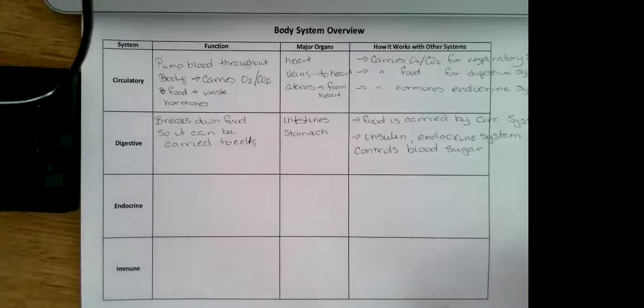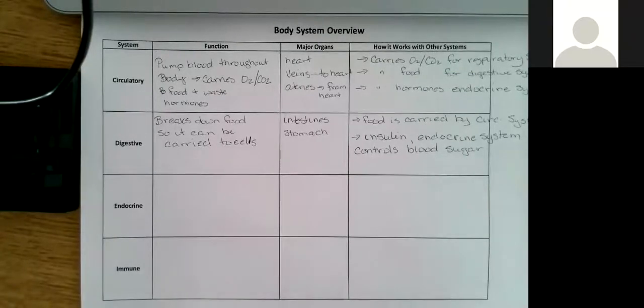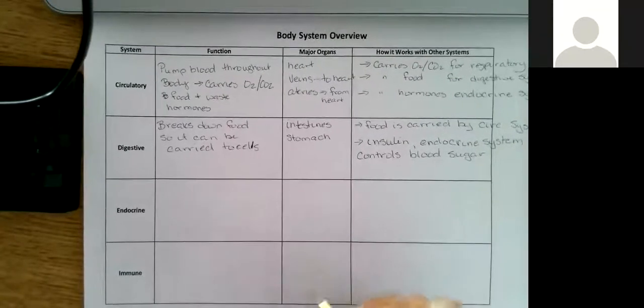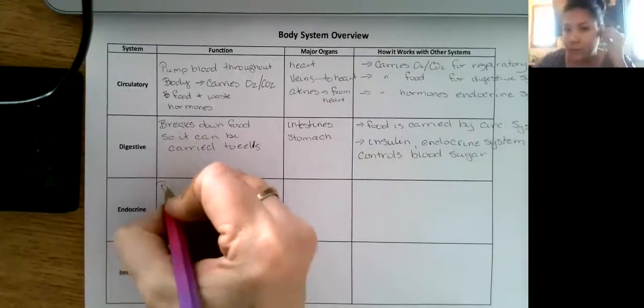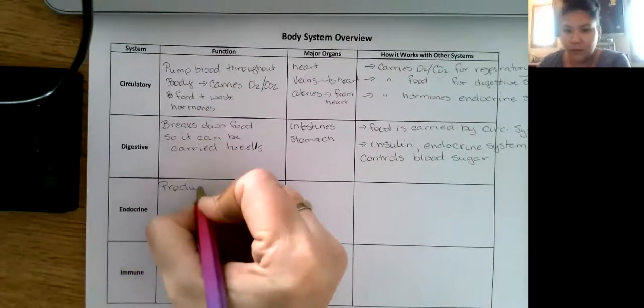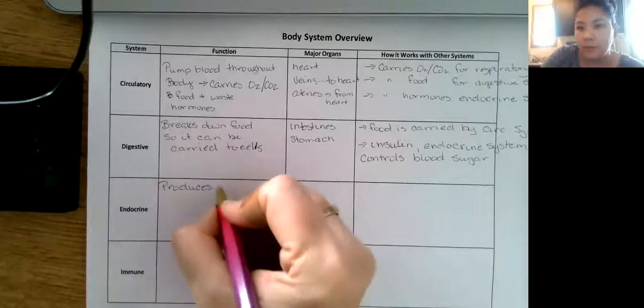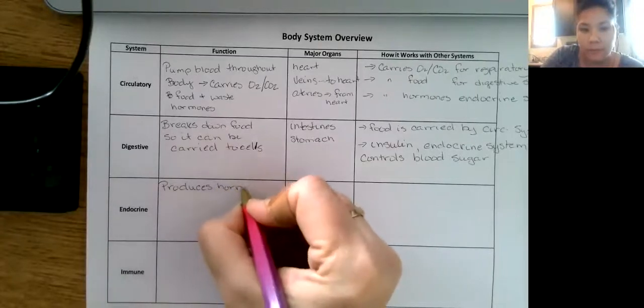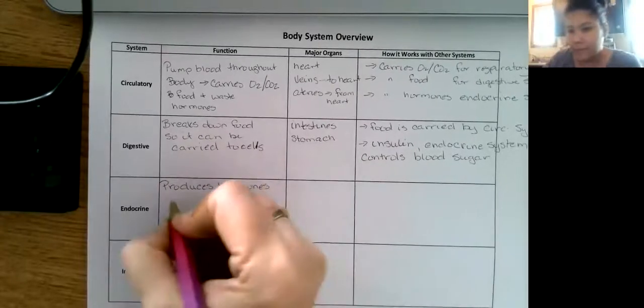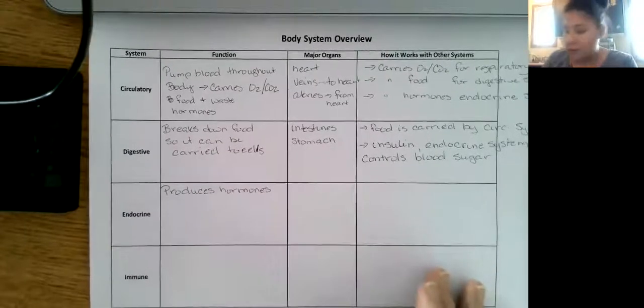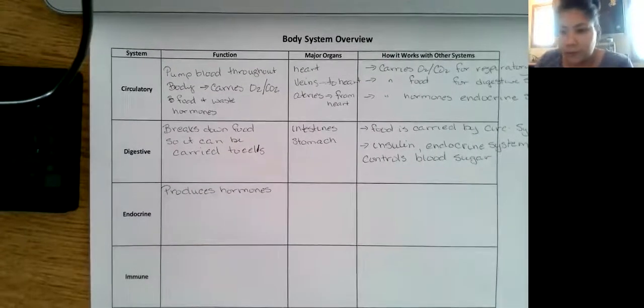All right, so the endocrine system produces hormones. And specifically, they're hormones that are used in more than one place in the body.